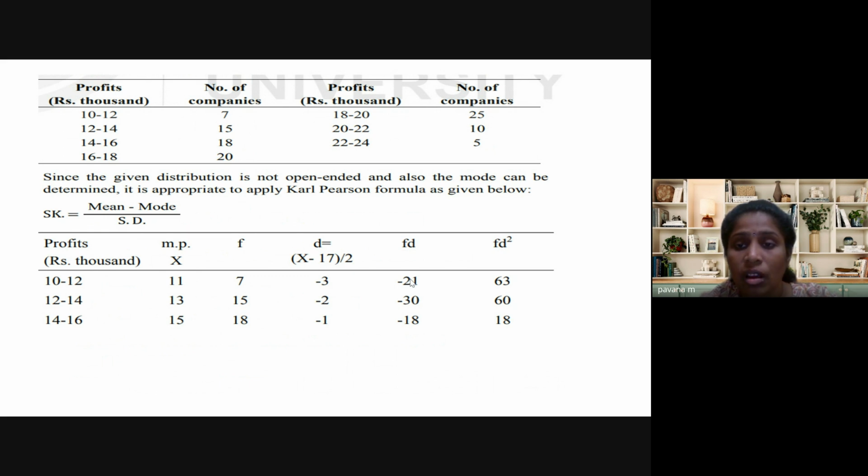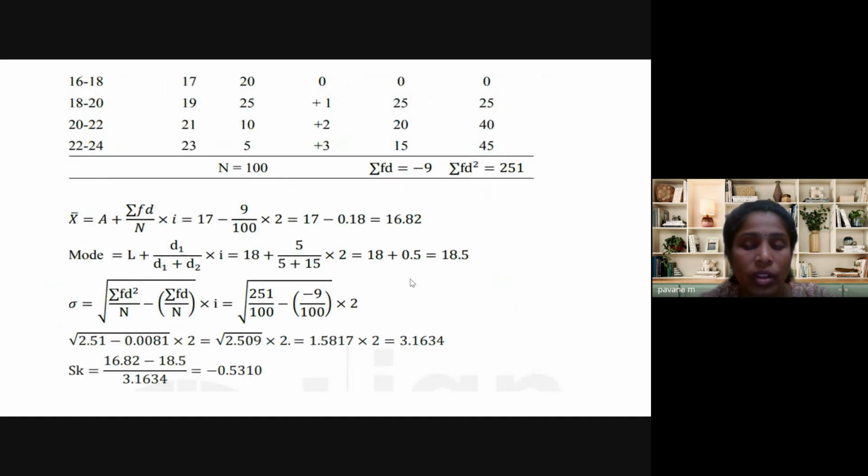Which has the highest number? 25 is the highest number, so you will derive the L value from that particular class. 25 corresponds to the 18 to 20 class interval. So here 18 is the L value.